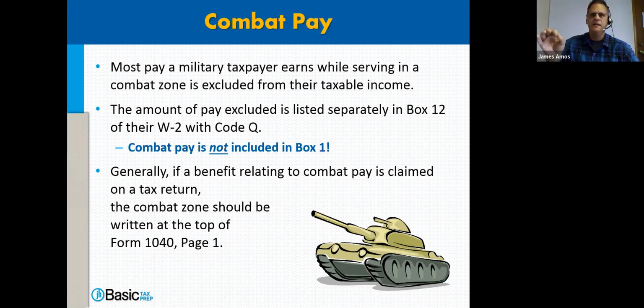The amount they list there is not in box 1 of the W-2. And it'll also list, usually in box 14, the combat zone that they served in. And you need that because you have to put that on the tax return. You actually have to write it or print it on the tax return.